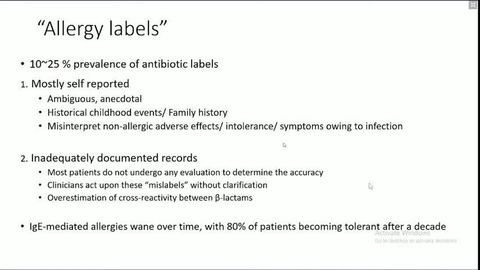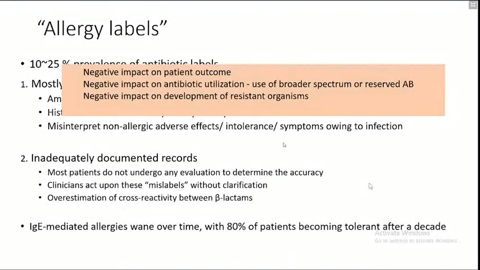So even if they had a true allergy, they might not have the allergy now. So these mislabels can create a big problem. They have a very bad impact on patient outcome, and they can have a negative impact on antibiotic utilization and also on the development of resistant organisms.